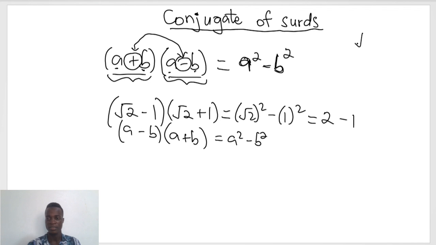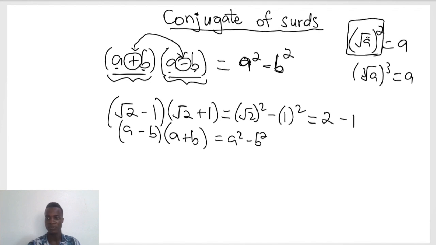If you square a square root, you are going to get the number under it. If you have a cube root, as we talked about in the first video, and you cube it, you are going to get a. So the square root of a is the same as square root of a times square root of a, which we discussed, and it's still going to be a.